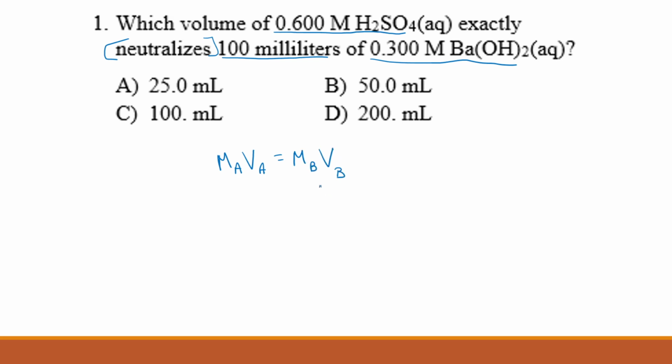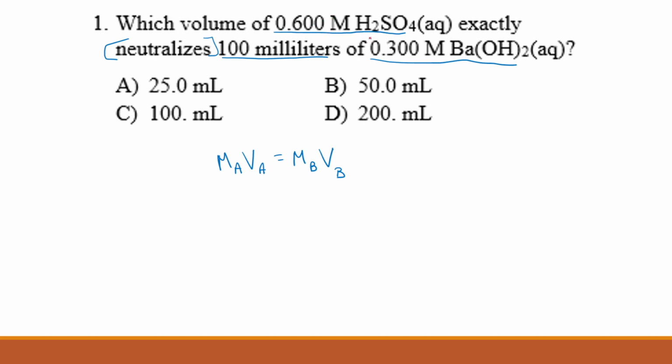They're giving us 3 of our 4 pieces, and we have to find the missing one. We're looking for the volume of our acid. They've given us the molarity of our acid, which is not going to be 0.6.